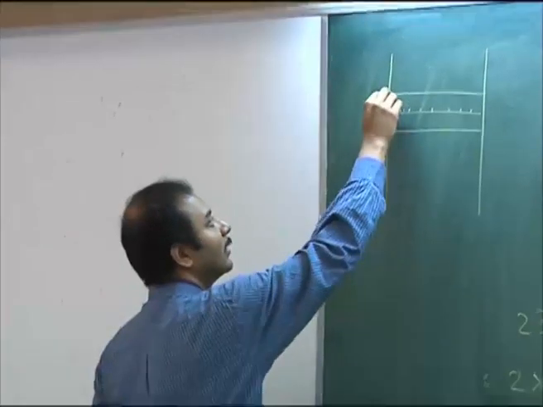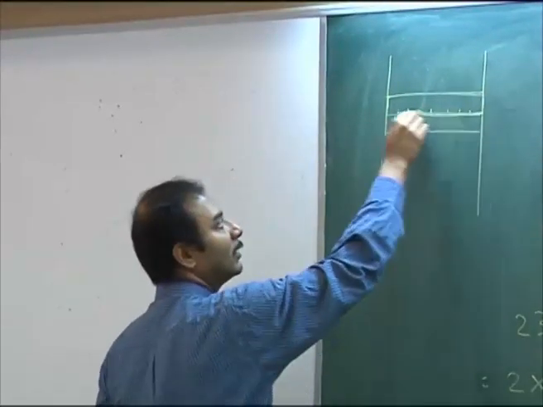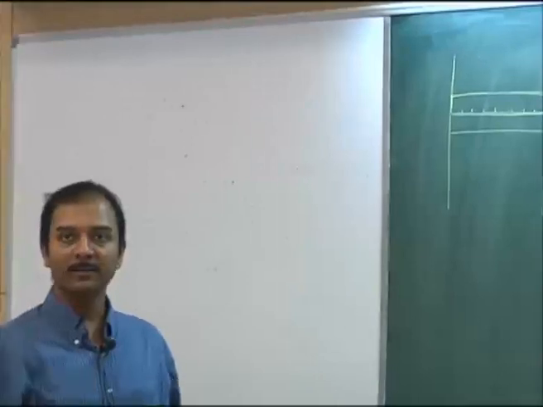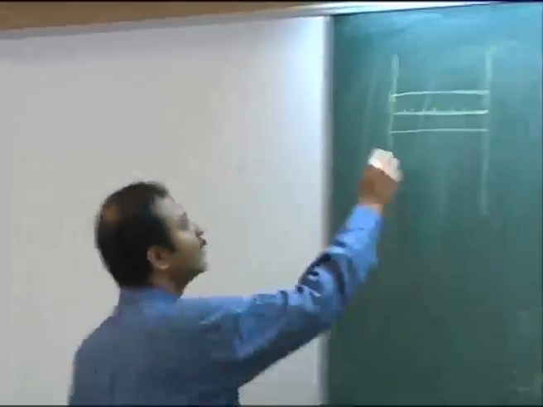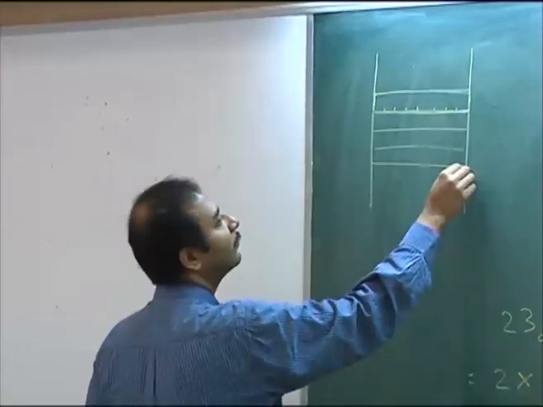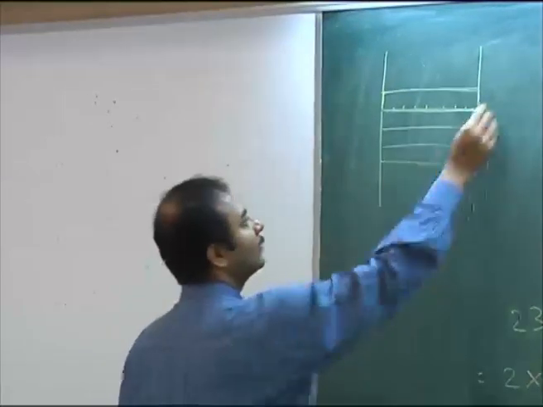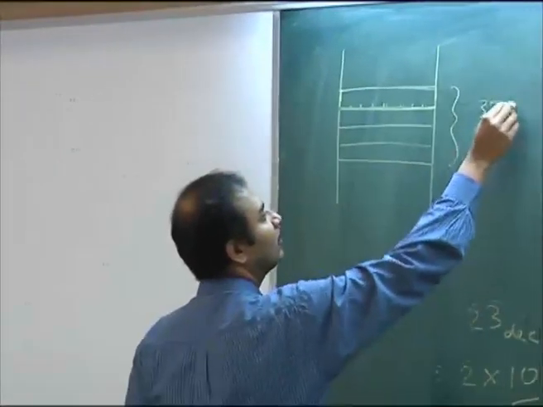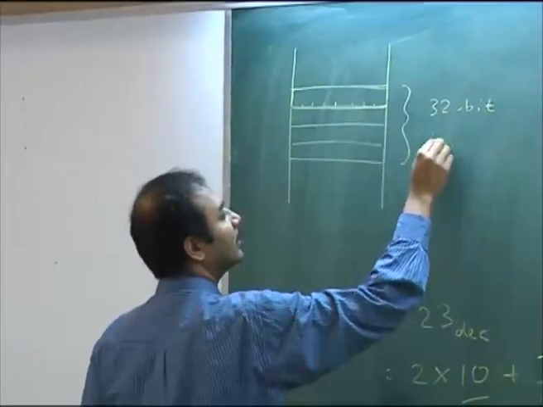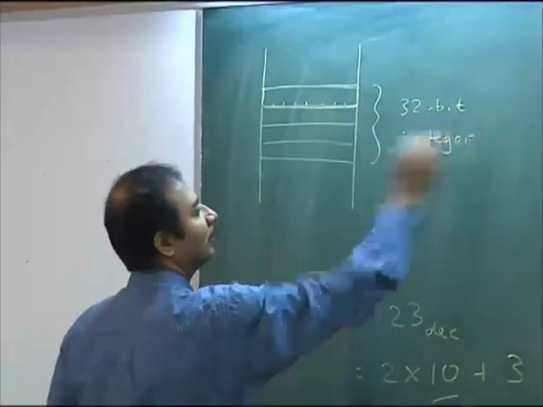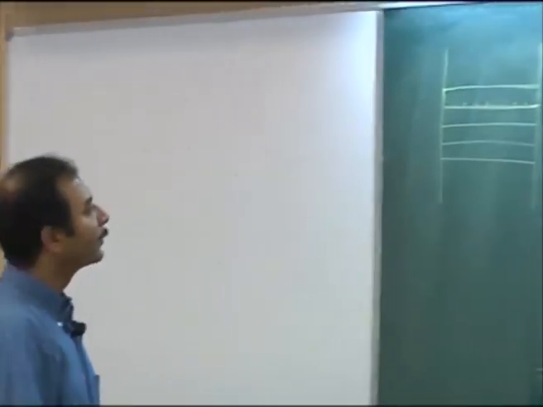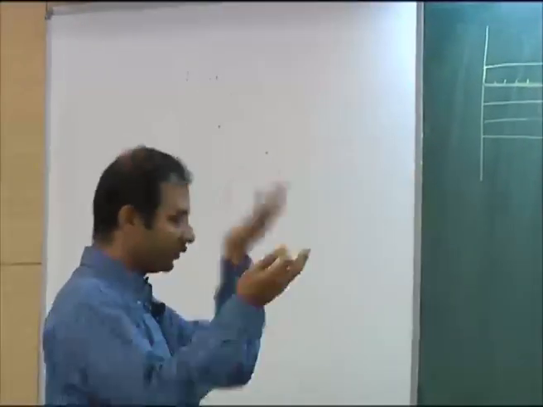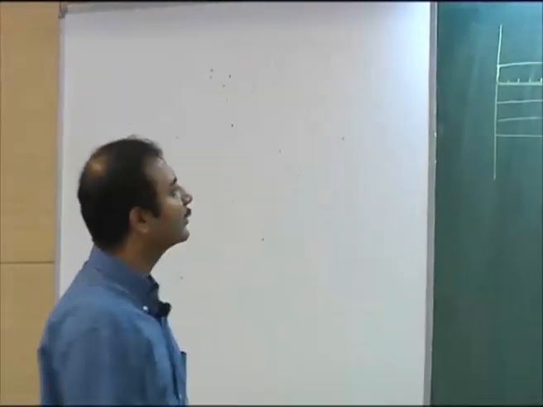You could either think of this byte as a byte or unsigned character variable having 8 bits, or you could think of 4 consecutive bytes as a 32-bit integer. Okay? And that gives you more bits and more combinations. We'll soon see how many combinations we can get.